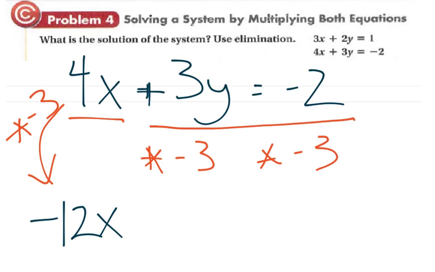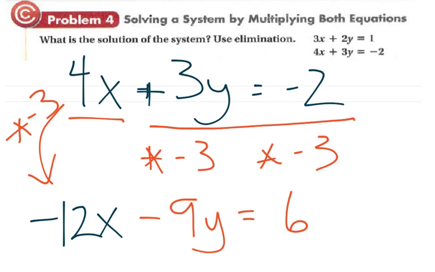So my new equation, well 3y times negative 3 is negative 9y, and negative 2 times negative 3 is positive 6. So take this in. It's a lot to take in. We have changed both equations now. But we're allowed to do that, because as long as we multiply both sides of the equation and everything on both sides of the equation by the same number, then we really haven't changed anything at all.